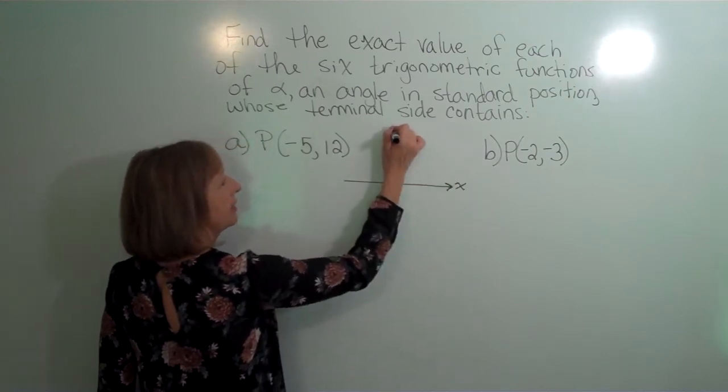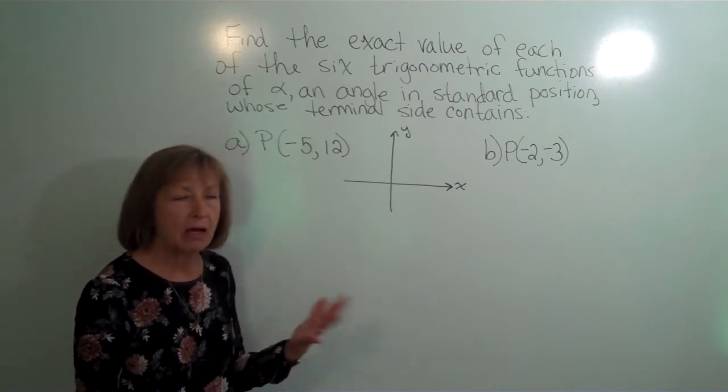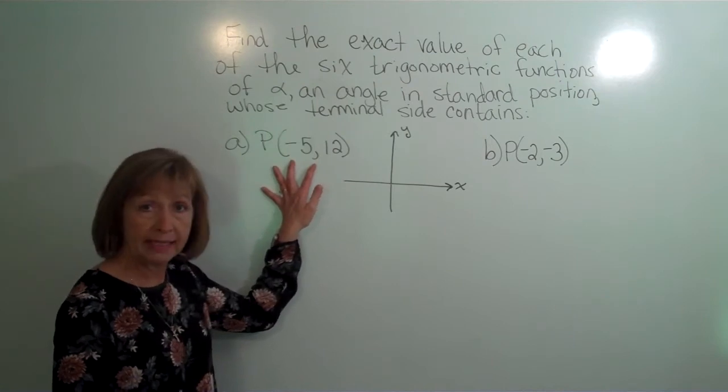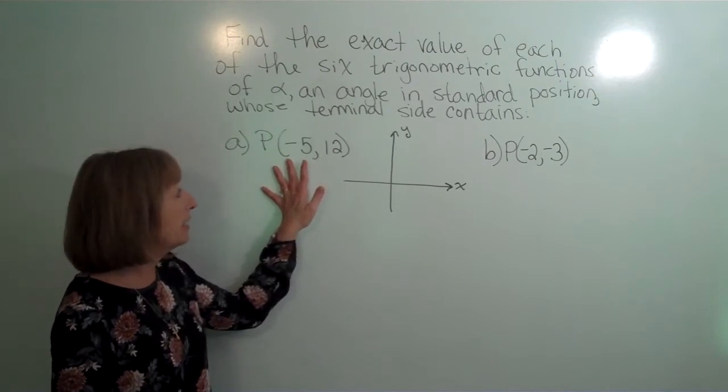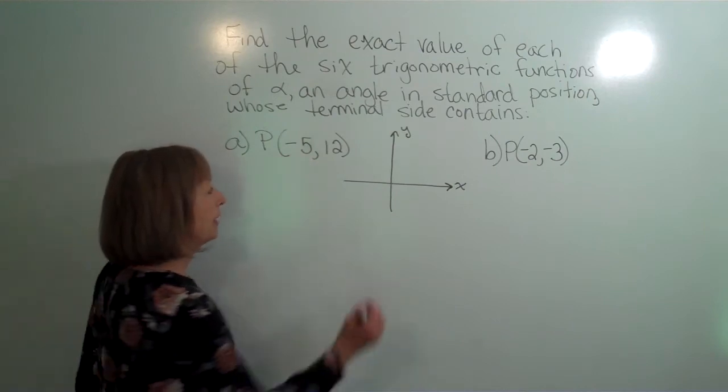my xy axis. And just like in your very first introductory algebra class, when you're plotting points on an xy plane, our point -5, 12, we're going to go left 5, up 12, and draw our dot.